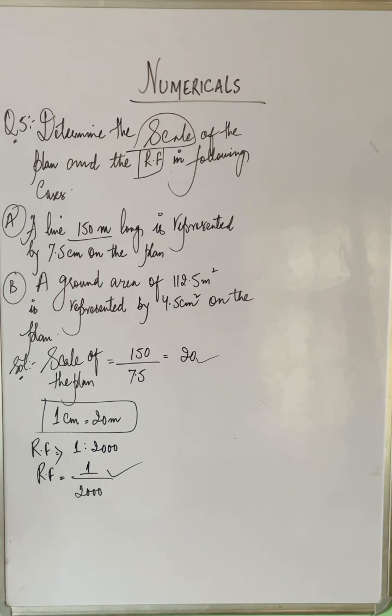Now case number 2. We have to find the scale and the representative fraction in this case, in which a ground area of 112.5 square meters is represented by 4.5 square centimeters on the plan. Let me rub it first.